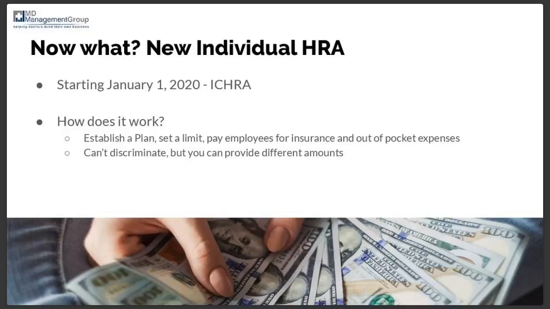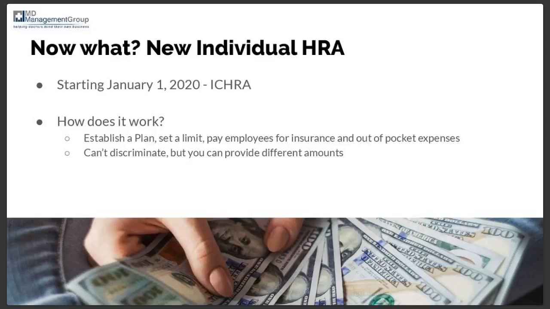So how does the ICHRA plan work? Well, first of all, you have to establish a plan. It has to be a written plan. You set a limit. You pay employees for insurance and for out-of-pocket expenses. So let's talk about an example. Let's say that you decide you'd like to offer your full-time employees $5,000 or more.